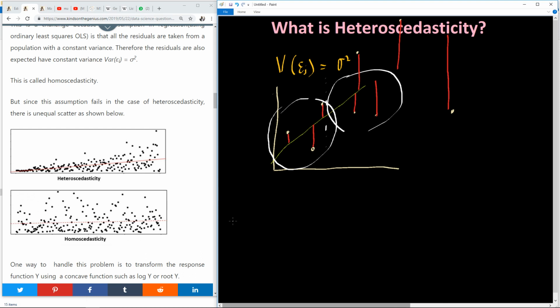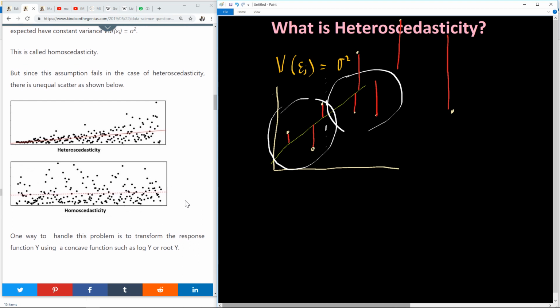One way to handle this problem is to transform the response function using a concave function such as log y or root y. So instead of modeling y equal to beta 0 plus beta 1 x, you can now have something like log y.